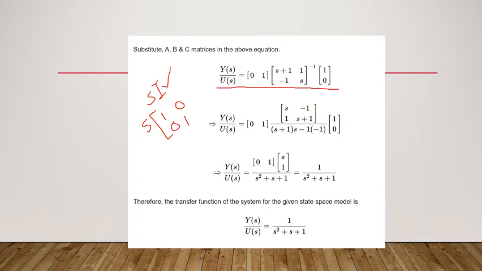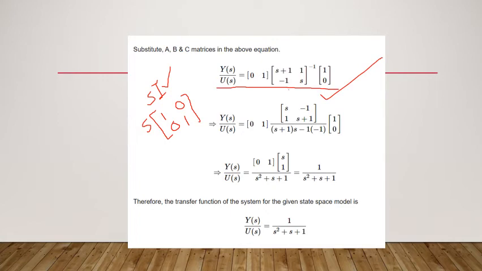This is the manner in which sI will be found, and then s would be multiplied with all these elements. So we get s, 0, 0, s. And then sI minus A means we subtract the A matrix from it. So we obtain this expression.